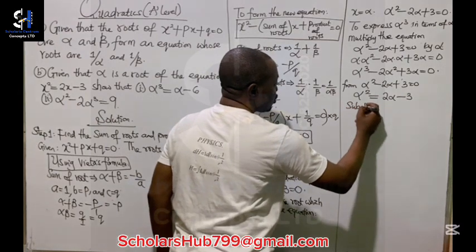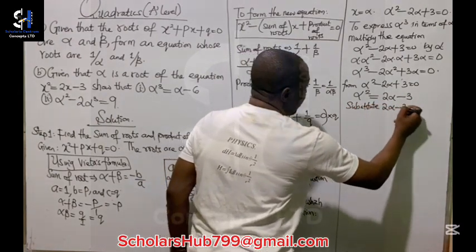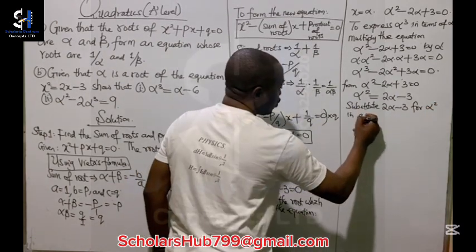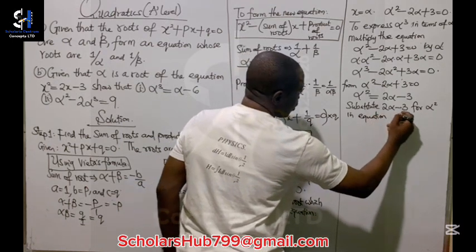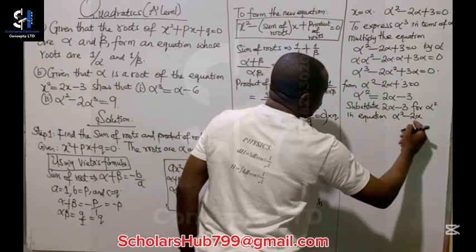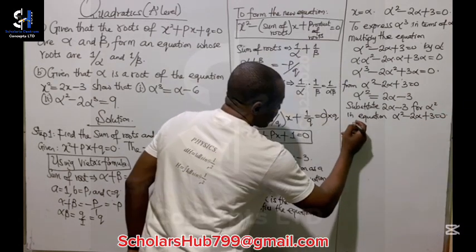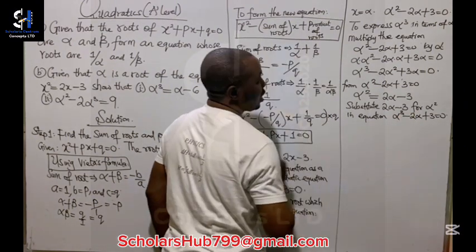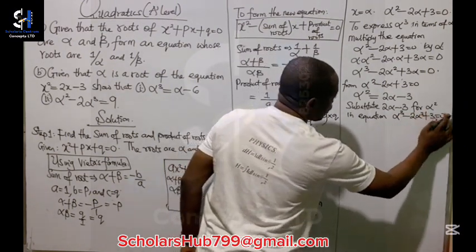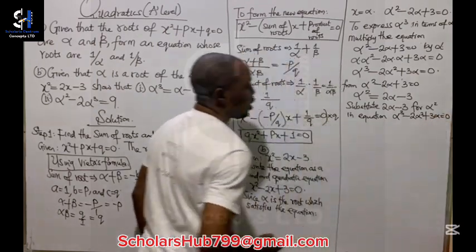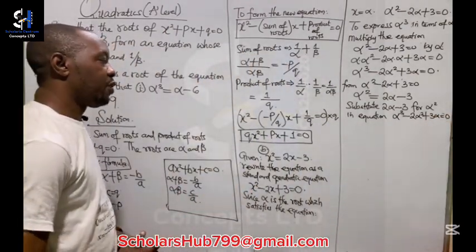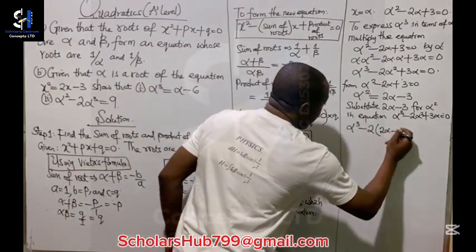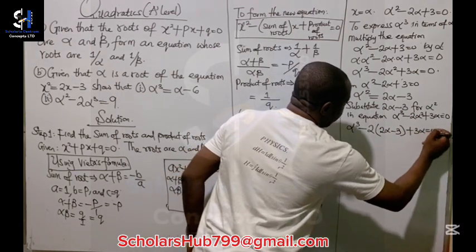We then have alpha cubed minus 2 times (2 alpha minus 3) plus 3 alpha equals 0.